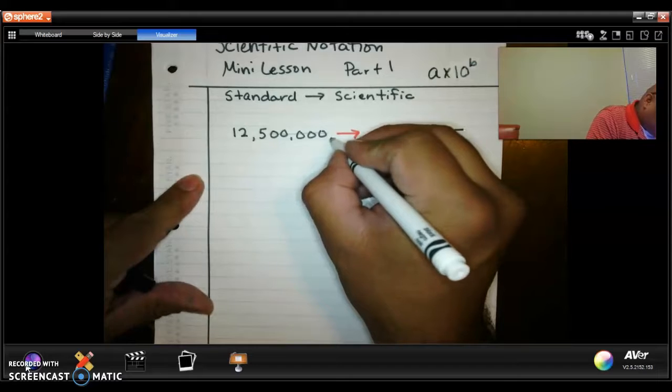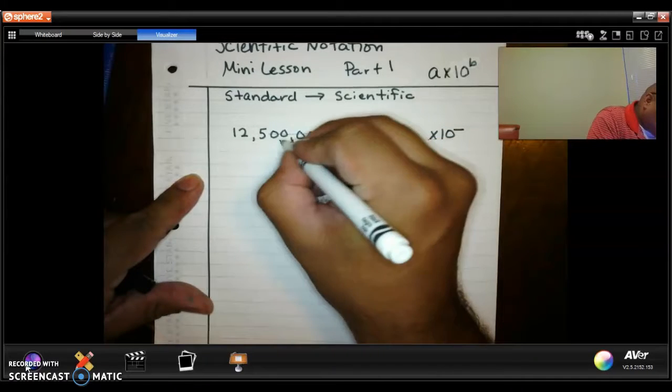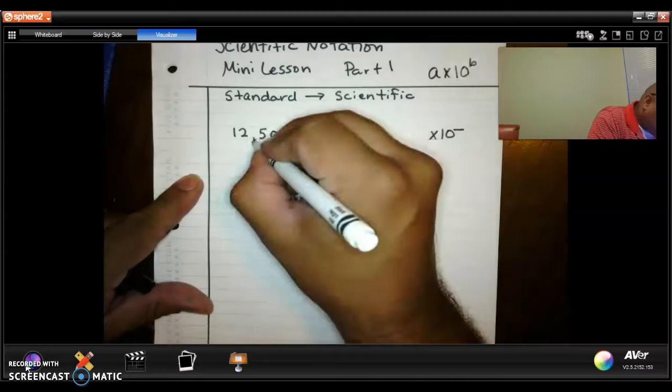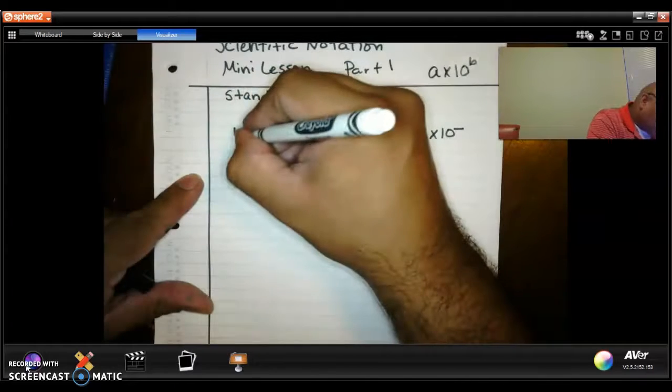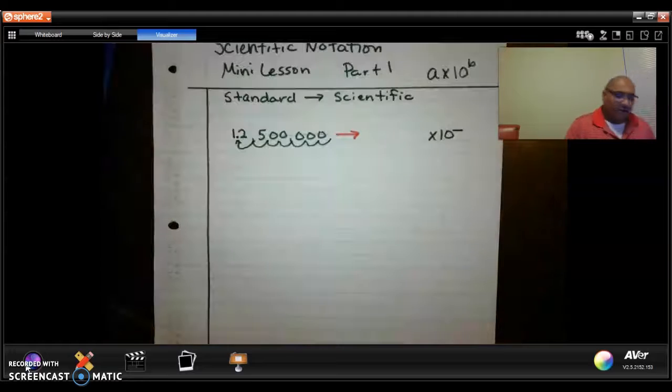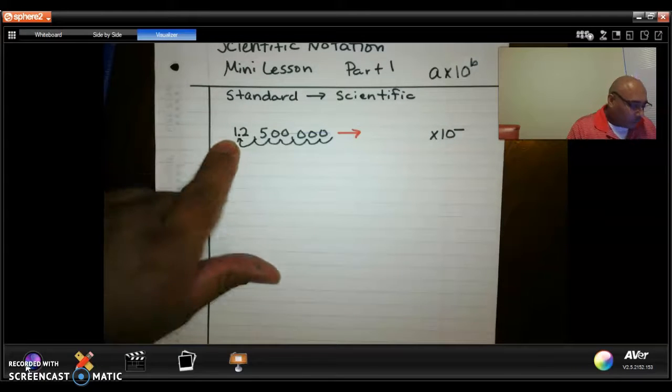So I'm going to move it by hopping 1, 2, 3, 4, 5, 6, 7. Now I moved it 7 because I placed my decimal right here. Does that meet the rule? Is that number greater than 1 and less than 10? Well, 1.2, yeah, that's greater than 1. And it is less than 10.